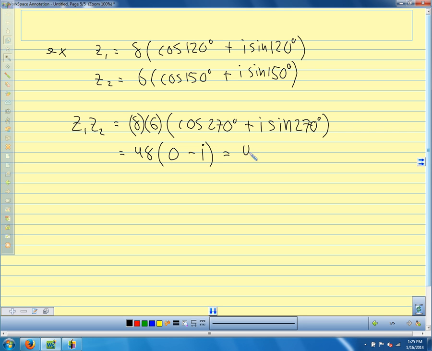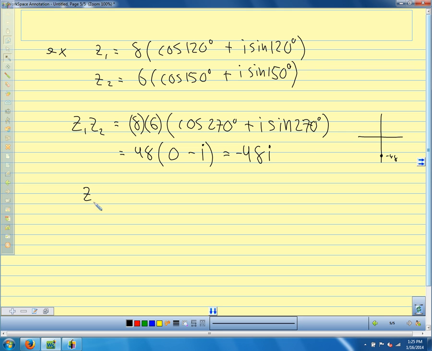So this would be 0 minus 48i. And if I plotted that point on the complex plane, it would be down here on the negative imaginary axis. Multiplication, so easy using this.